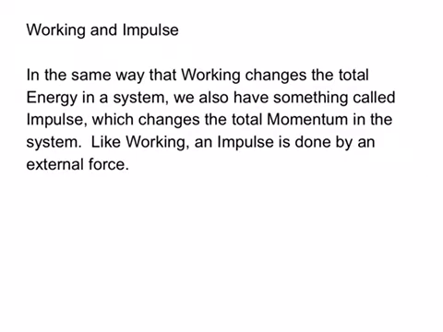And later on, last semester, we learned that in order for an object to experience a change in velocity, it's got to be accelerating. And if it's accelerating, then there has to be a net external force acting on an object. So this idea shows up again when we're talking about impulse and changing the momentum of objects.